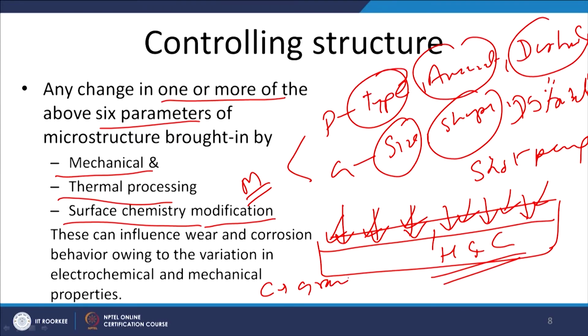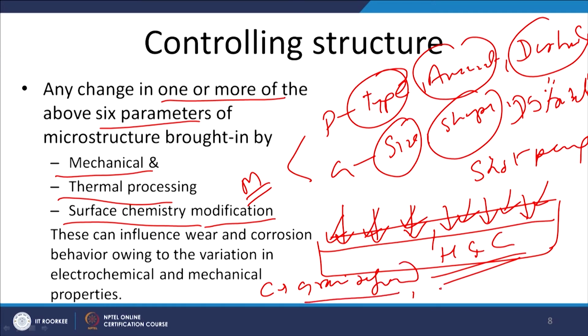Similarly, the surface microstructure can also be altered through the modification of surface chemistry. There are certain elements which will be used as a grain refiner.